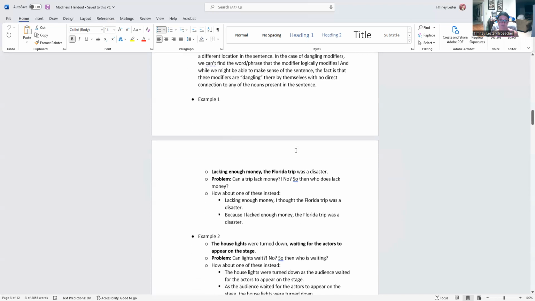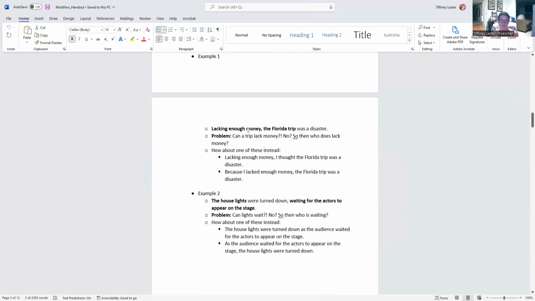So here's some examples. This is our dangling modifier, and they often start with these ing gerunds, right? Lacking enough money, the Florida trip was a disaster. We can probably understand what this author meant. But let's look at the sentence logically.